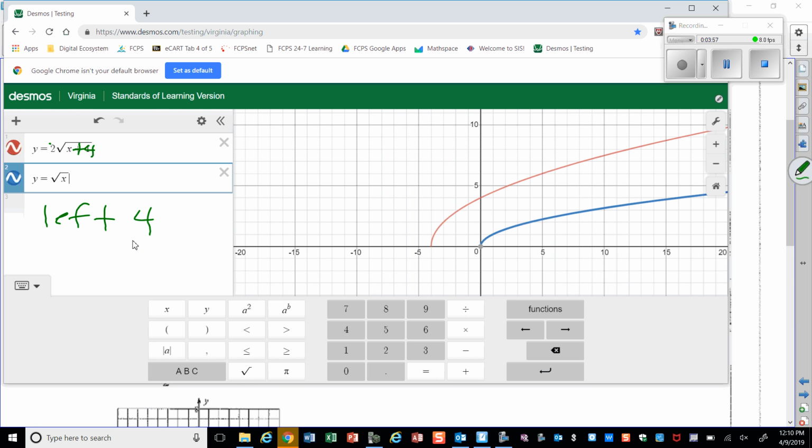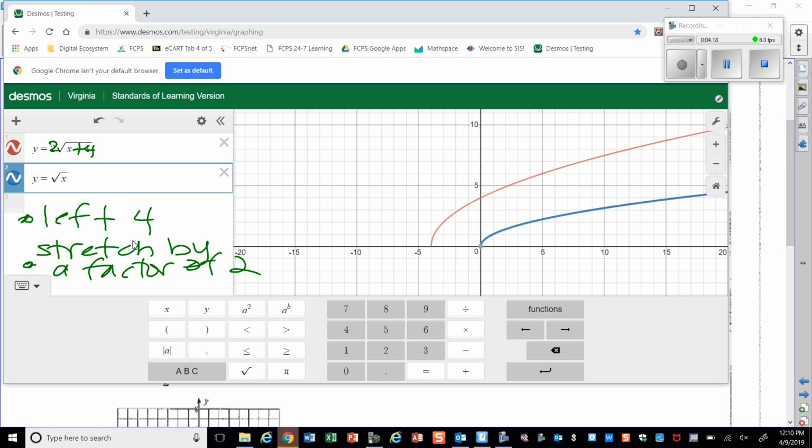Right, and this 2 in front is going to be a stretch by a factor of 2. All right, so those are my 2 transformations, stretch and translation to the left.